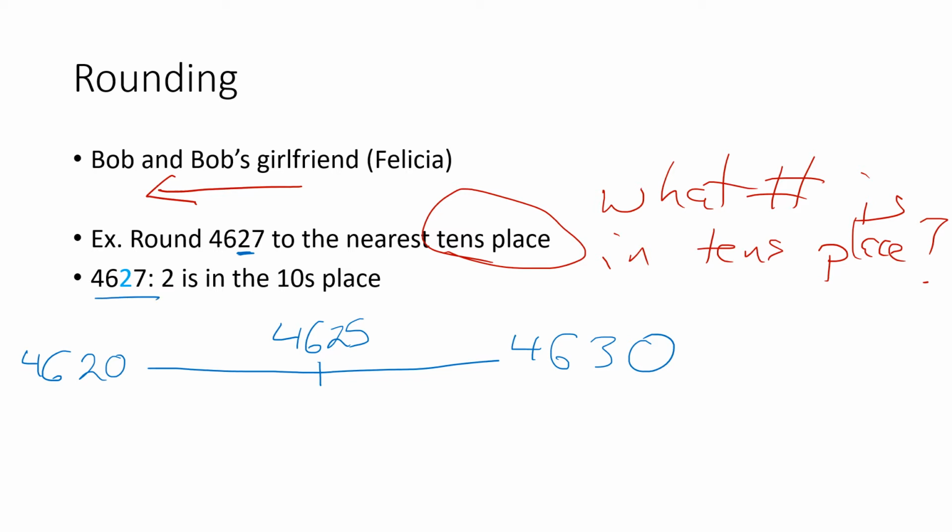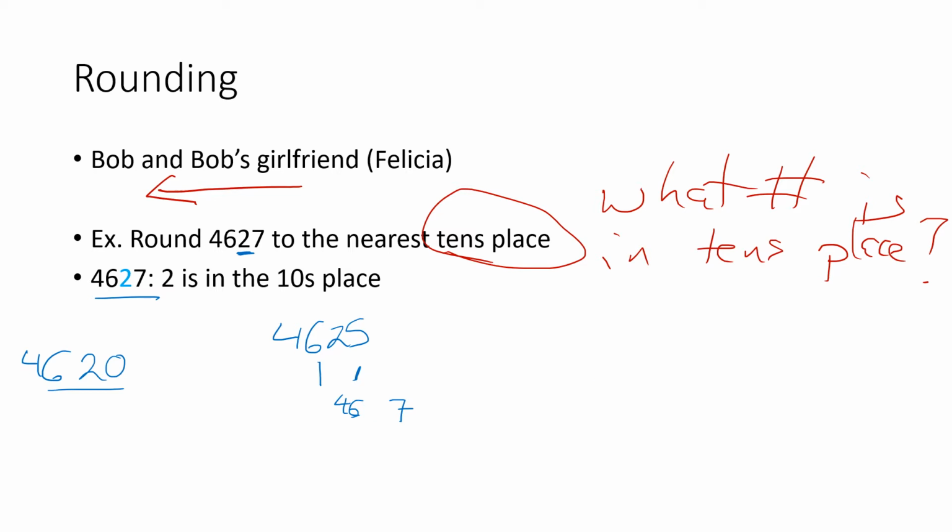And we want to know 4,627, is it closer to 4,620 or is it closer to 4,630? Well, 27 would be right about here, give or take. So 4,627 is closer to 4,630. That is basically what we're looking at when we say we're rounding to the nearest tens place.